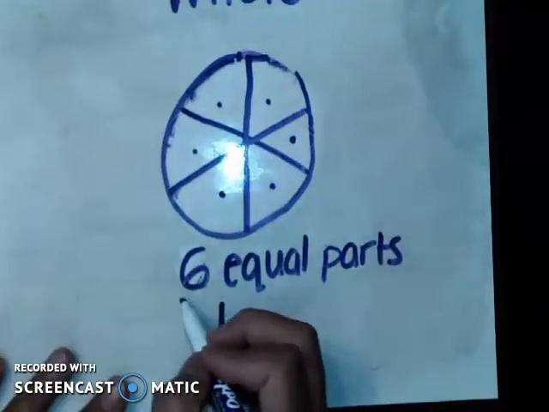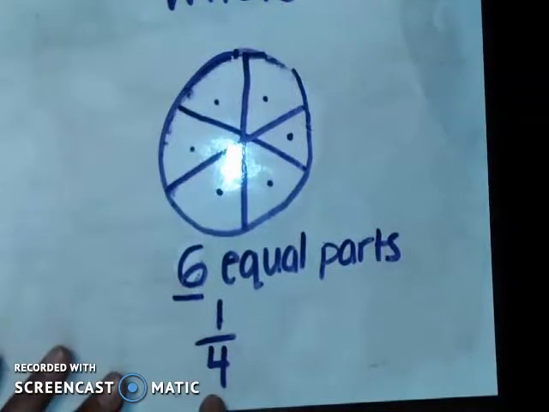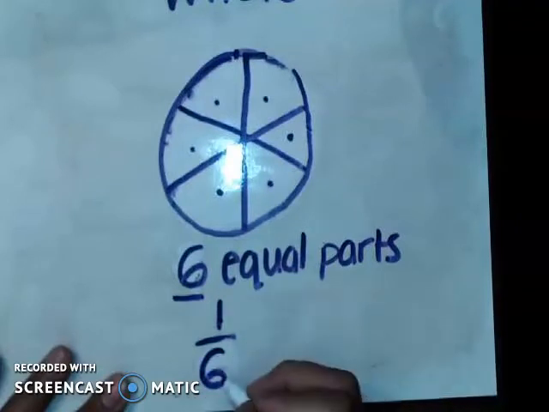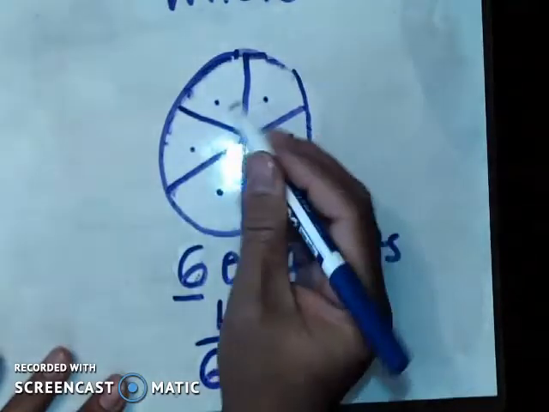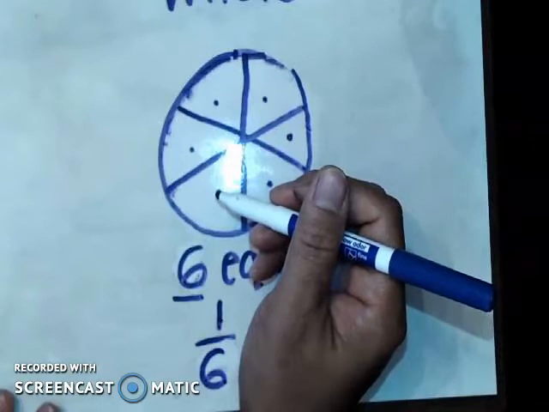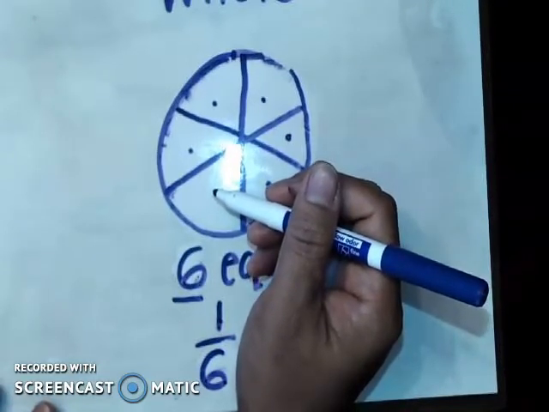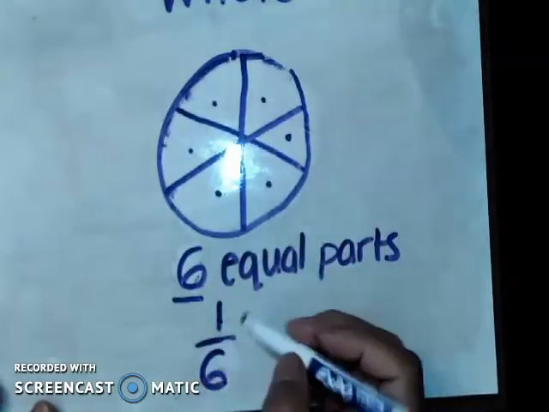I've changed this down here, which means instead of it saying 1/4, it really should say 1/6, right? This fraction has to match how many equal parts or units are inside of the whole. Remember, you can shade or color in any part of the unit fraction so that it matches this fraction.